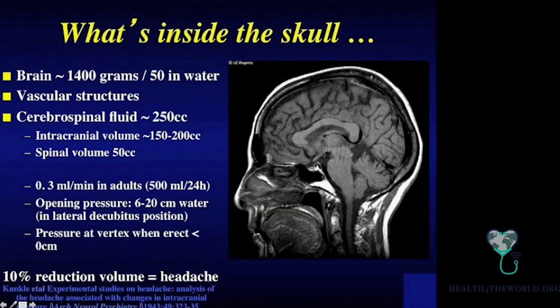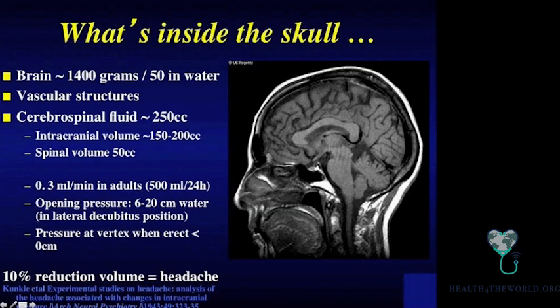So we're producing CSF, it's being replaced, and it's also being taken up by the veins along the sagittal sinus, the dural sinuses in the spine, and probably elsewhere. I mentioned the opening pressure, and when you are upright, the pressure at the vertex up top can be 0 or less. Okay, so it is the case that our pressures change with different postures, and this is an important concept to keep in mind.